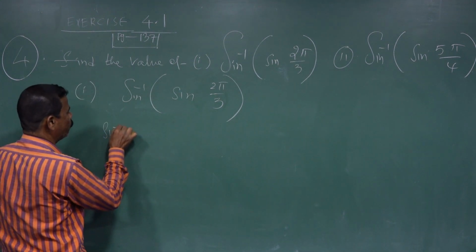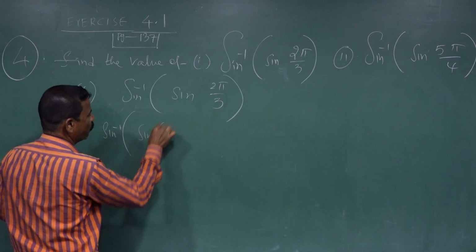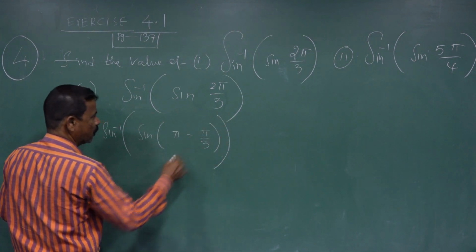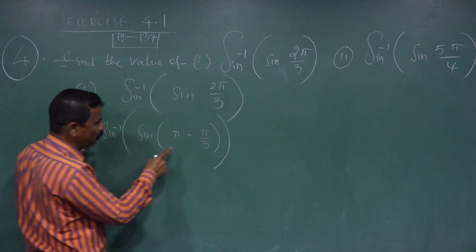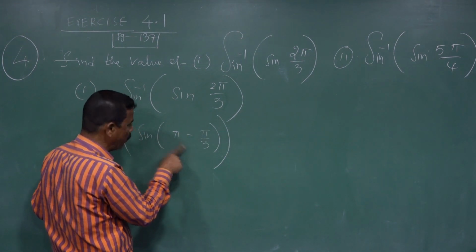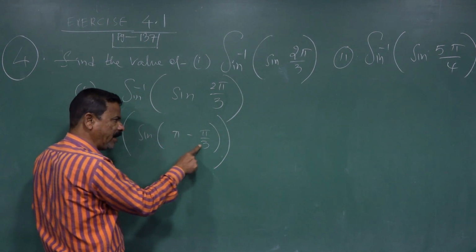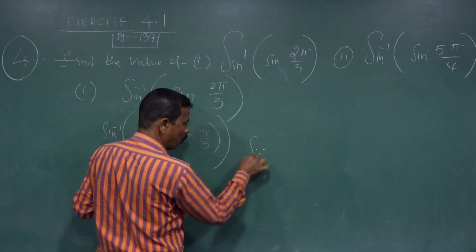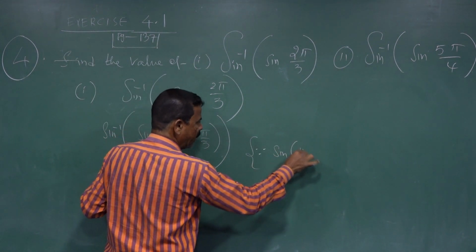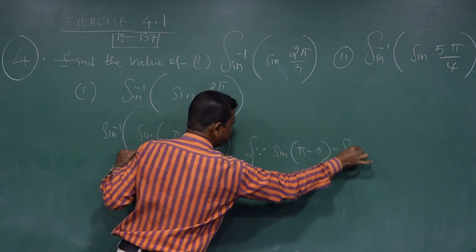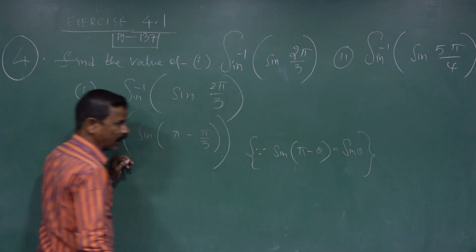How do we restrict it? Sin inverse of sin of π minus 2π by 3. Check that it is balanced or not: 3π minus 2π, π by 3 as it is. But here sin of 180 minus theta. Already we know sin of 180 minus theta is equal to sin theta.